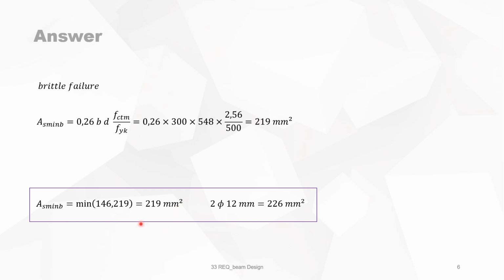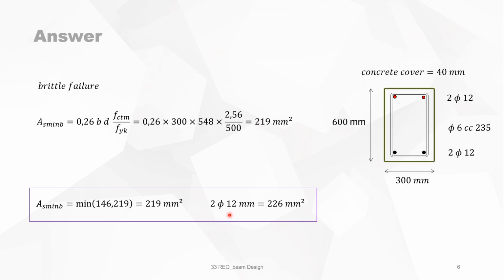So it's 219 square millimeters. 2 diameters 12 is 226 square millimeters. So the diameter 12 that we have chosen in the beginning is okay. If not, you have to redo the calculations with the right diameter. So our section of the beam is then 600 by 300, 2 diameters 12 on top, 2 diameters 12 on the bottom, and the stirrups diameter 6, center to center 235 millimeters, and 2 legs.